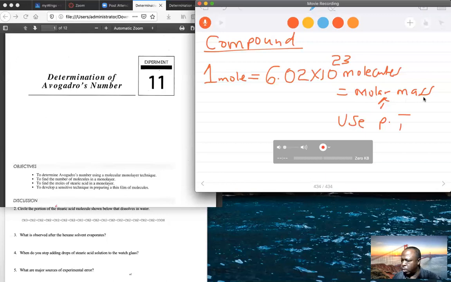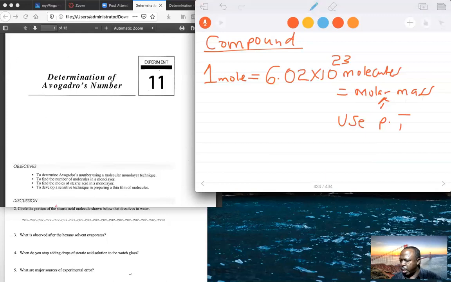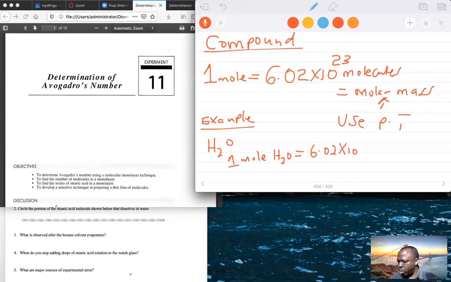It's grams per mole. Let's see an example. When you're dealing with a compound, how do you relate the mole to molecules to molar mass? A simple compound such as H2O: 1 mole of H2O contains Avogadro's number of molecules, 6.022 times 10 raised to 23 molecules of H2O. You say molecules, not moles; there's a difference.